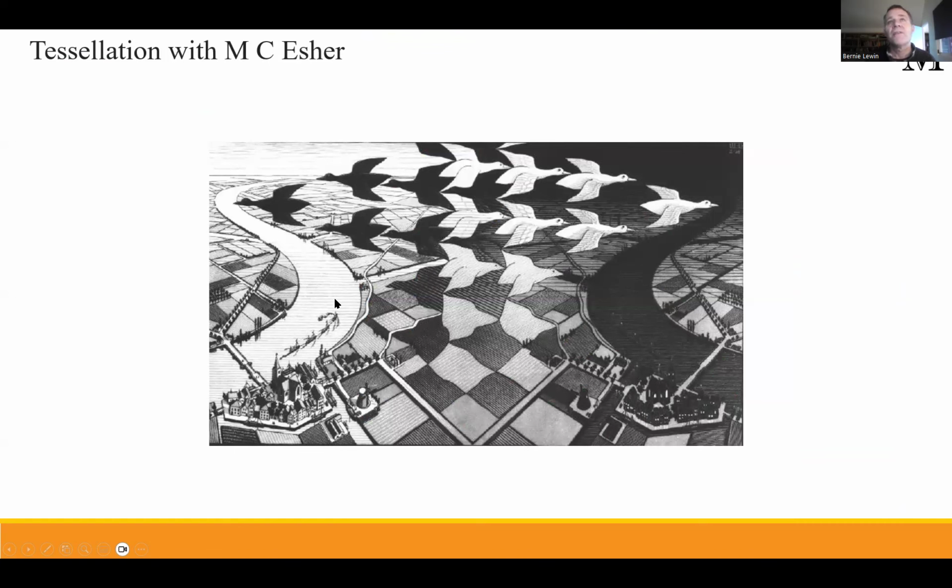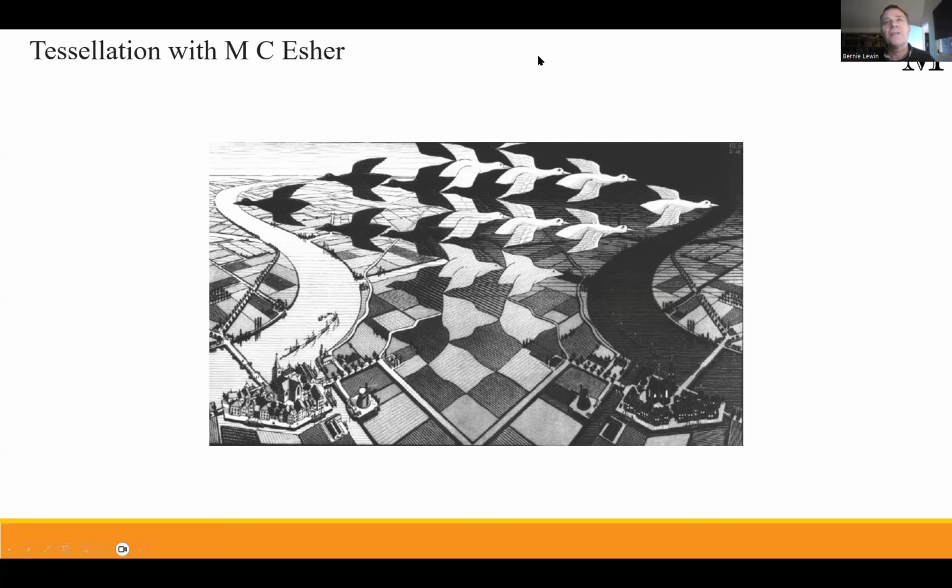Okay, so I want to broaden our thoughts about tessellation by using MC Escher. Some people might know MC Escher and his etchings, where he explored figure and figure-ground ambiguity, which we've discussed in other classes.